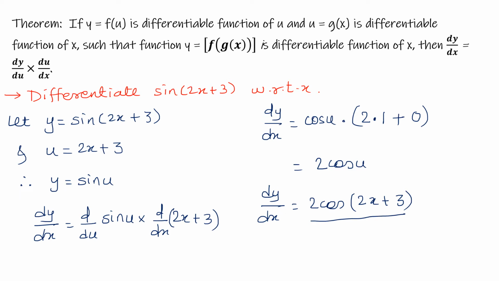Now this method is called the chain rule. So this function was a composite function and we can differentiate this with the help of this chain rule. Now this chain rule I am explaining for some of the basic formulae.